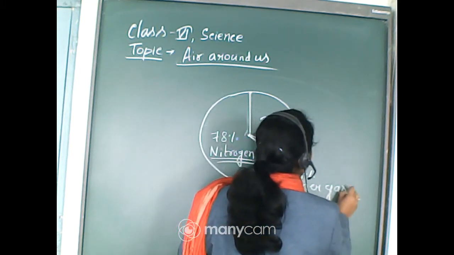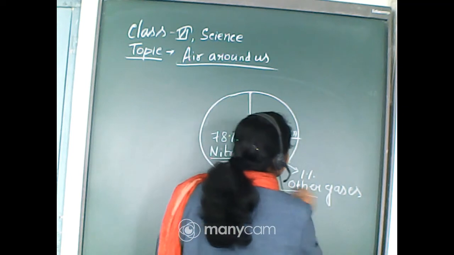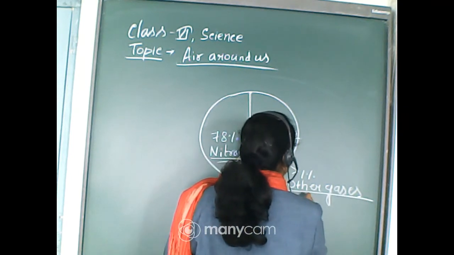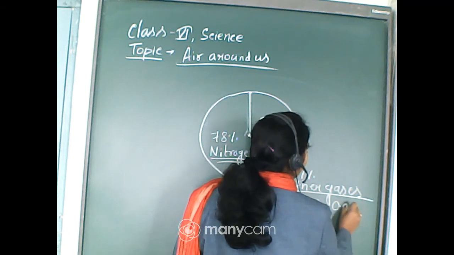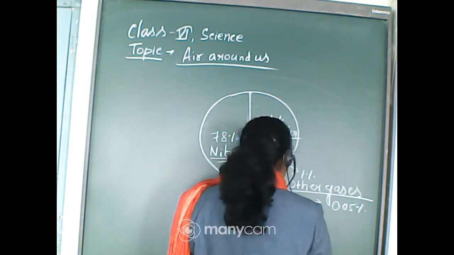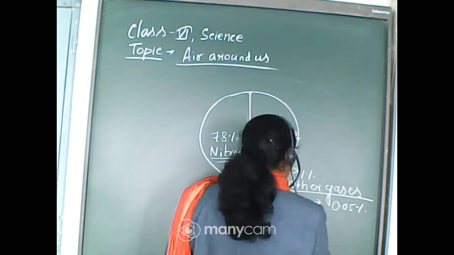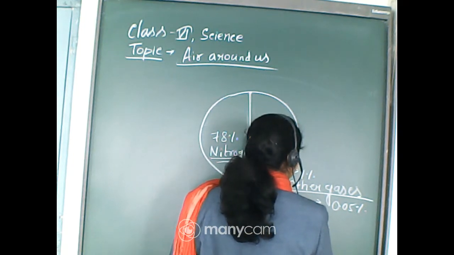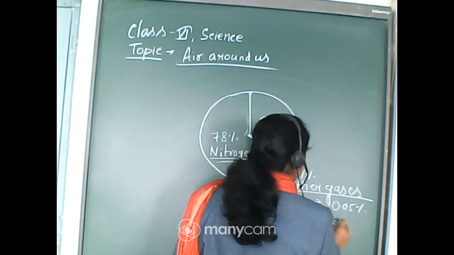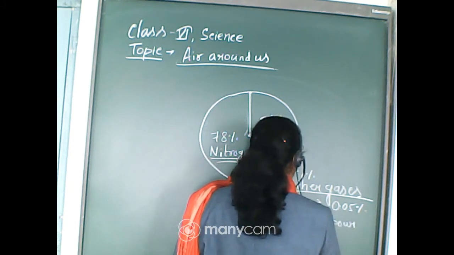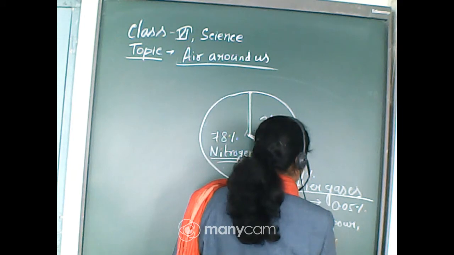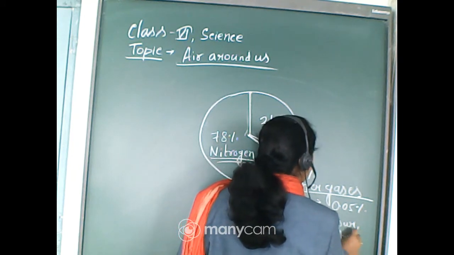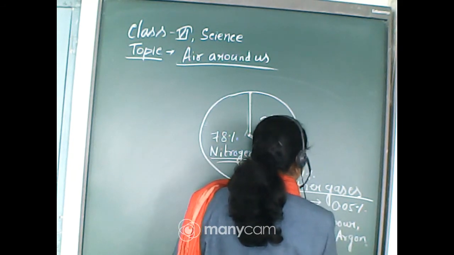Among these other gases there are many gases, like carbon dioxide, which is found at 0.05%, and other gases including water vapor, smoke, argon, helium.